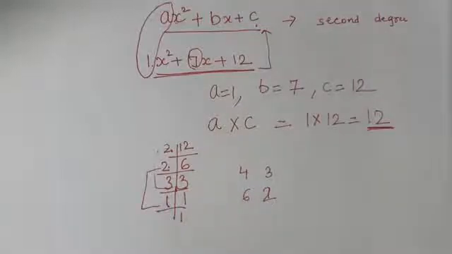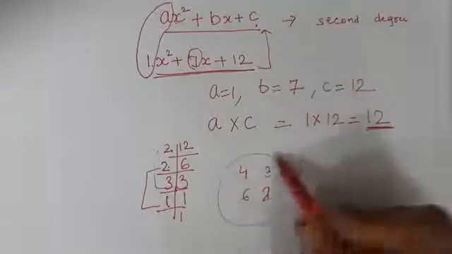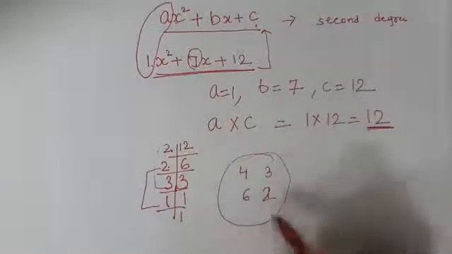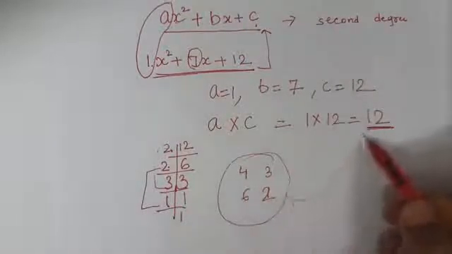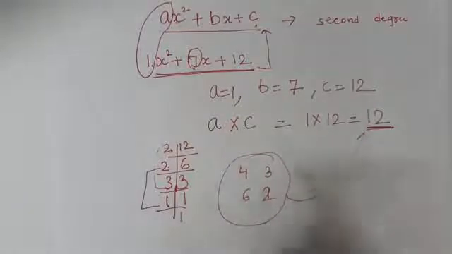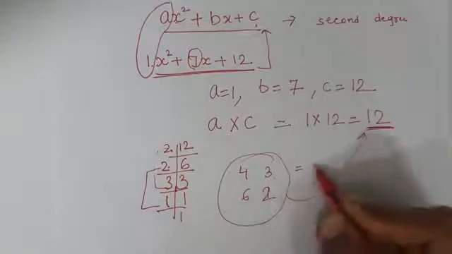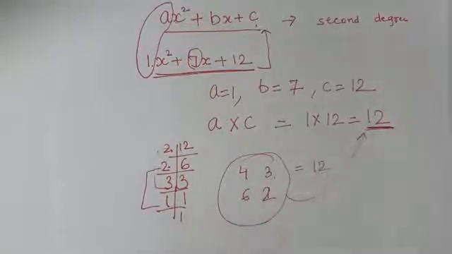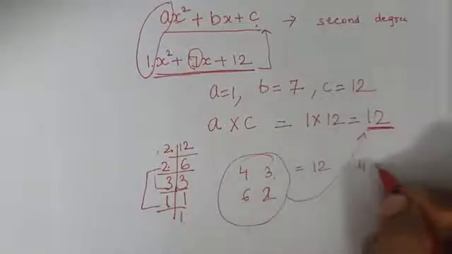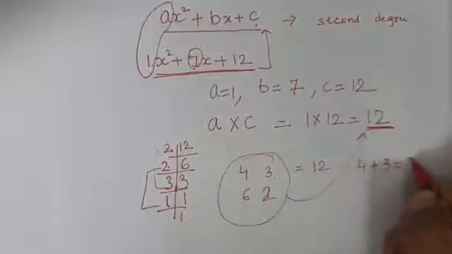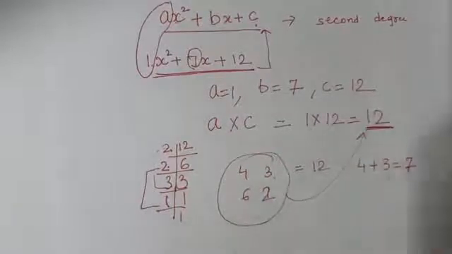Before proceeding further, let us check these two pairs. 4 into 3 gives you 12. Fine. 4 plus 3 gives you 7. Fine.